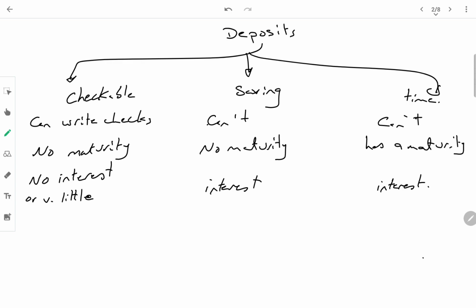So commercial banks accept all types of deposits. Banks are going to use these deposits to make all types of loans.